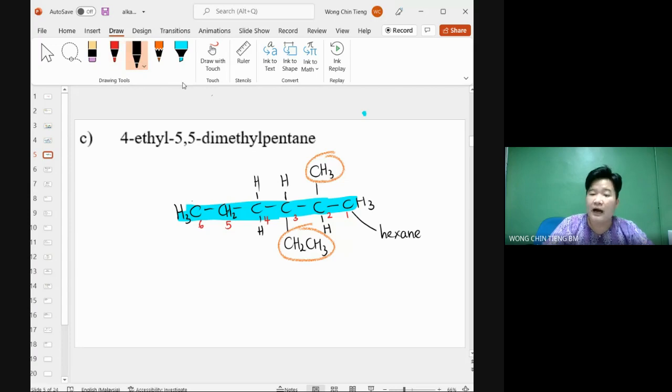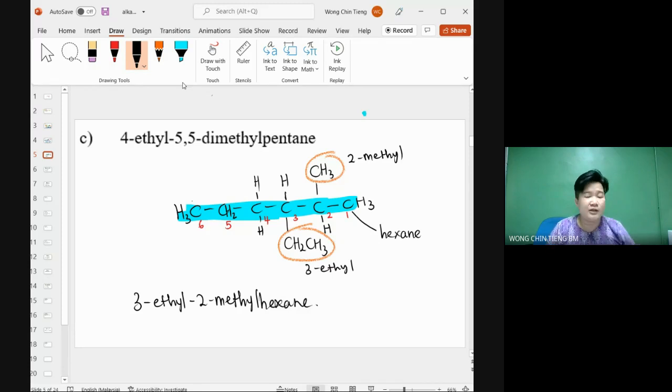Give the name, give the position, 2 methyl straight away, 3 ethyl straight away. So nama dia standard lah, ethyl come first because E come first, 2 methyl alphabetically order hexane. And the reason sama, tapi jangan lupa the reason ada perkataan with the most substituent. Alright, jangan lupa perkataan with the most substituent. Okay, boleh.